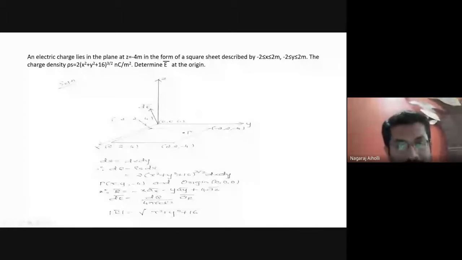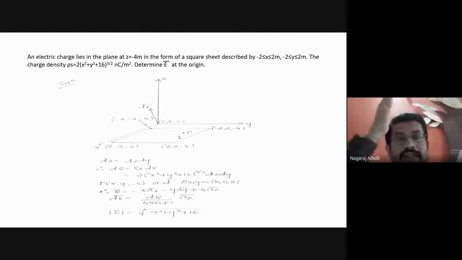Now consider some point here, any point on the sheet. It is placed symmetrically about the x-axis and y-axis, so it has only the z coordinate. So P of x comma y comma -4, where the x and y coordinates are different but the z component is the same, -4 here also, -4 here also.